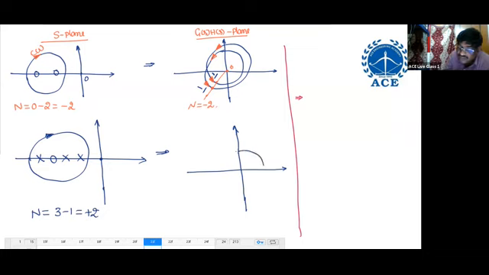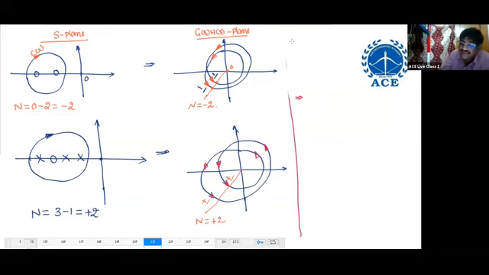Now I should draw the 2 encirclements like this. What is the direction? Poles are more, so the direction is anti-clockwise. Then draw the line and check its value. This is plus 1 anti-clockwise. N equal to plus 2. Both the n values are the same.